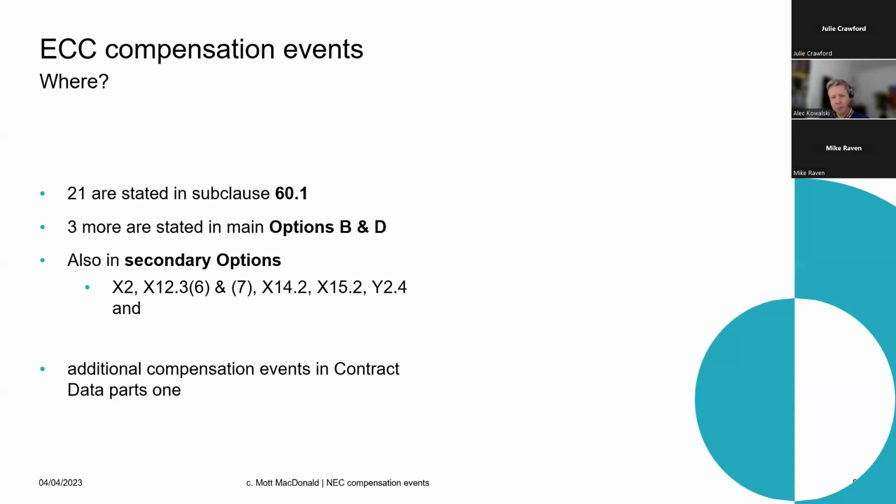And the contract mechanisms that already exist for change control, you just use those. We don't have to write specific mechanisms for additional risks. We just say these will trigger them. So this is where we look for the standard compensation event clauses, and we can add ones specific to our projects.